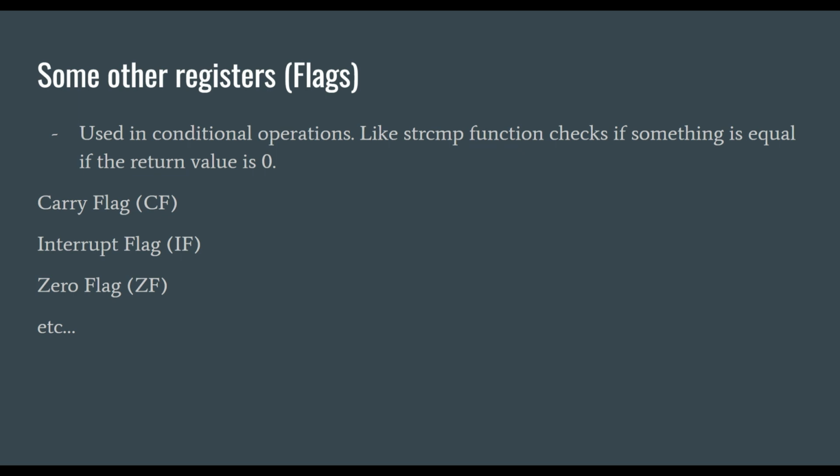Let's say you're comparing two strings. The return value of the string compare function will yield a 0 if those two strings are actually equal. So the zero flag would be set in this case, right? It's just an example of, for example, the zero flag.